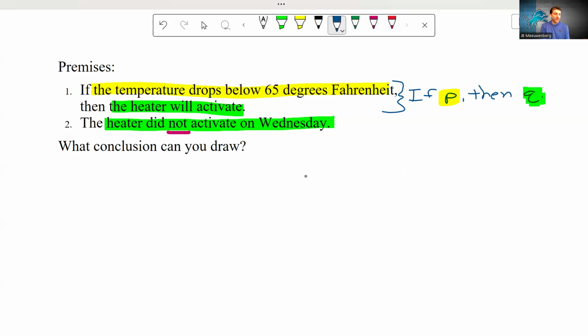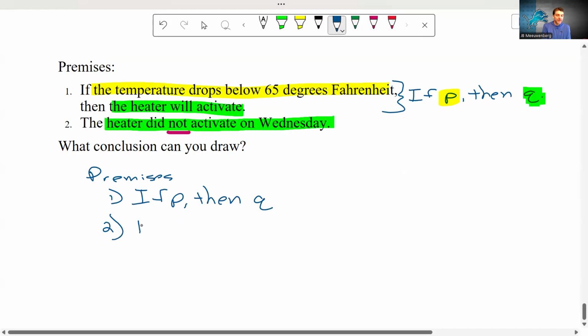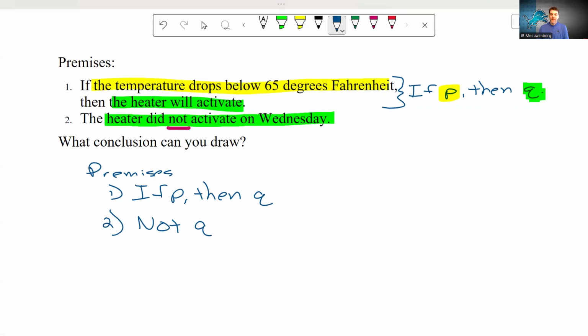So what we have here is a premise. If I simplify all this, we've got two premises. The first one says, if P, then Q. The second one is really saying, not Q. Agreed? If P, then Q. So what happened?